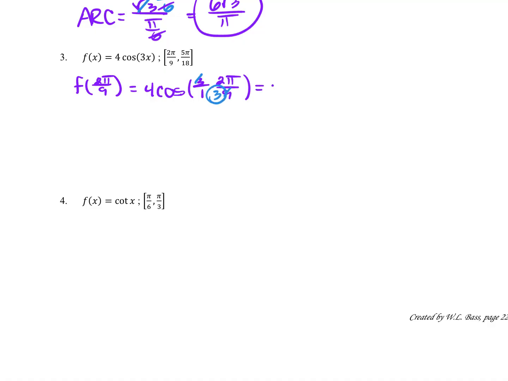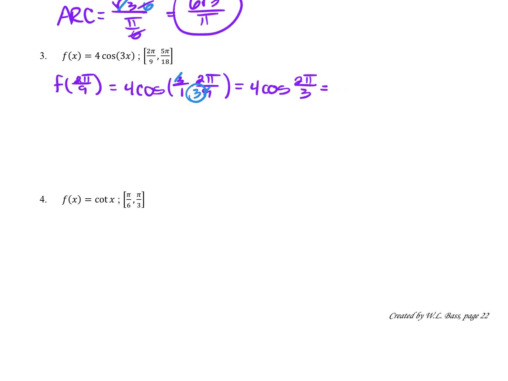So what I'm really going to have is 4 times cosine of 2 pi over 3. But that means I'm going to evaluate cosine of 2 pi over 3. Cosine of 2 pi over 3 is going to be 1/2, but it's negative. So now I have 4 times the negative 1/2, which gets me to a negative 2.